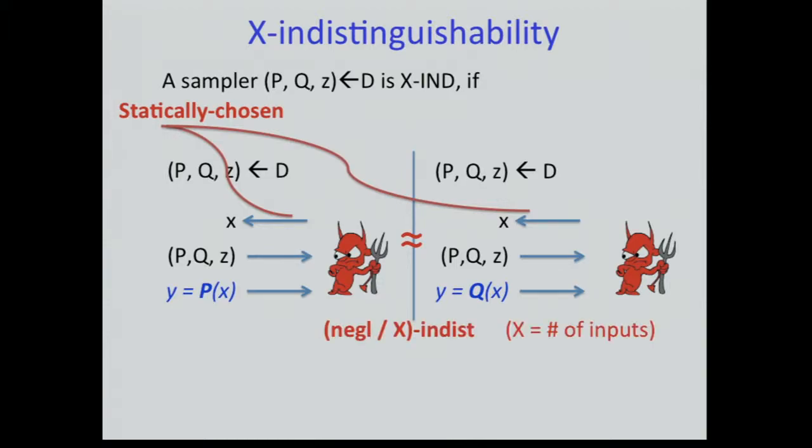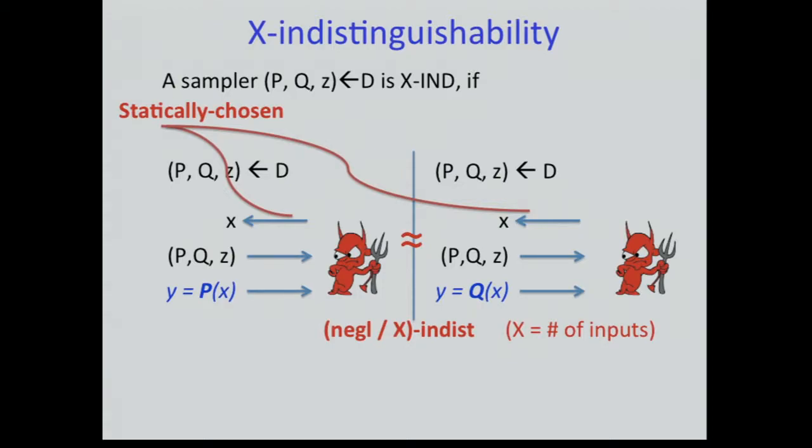So, to actually strengthen it, I will require that the view of the adversary in those two games be extremely indistinguishable. Okay, the distinguishing gap is tiny. How tiny? It's negligible over x, where x is the number of inputs. Okay? In many programs, you can imagine the number of inputs is going to be something exponential.